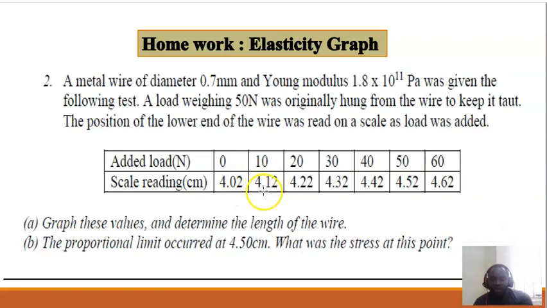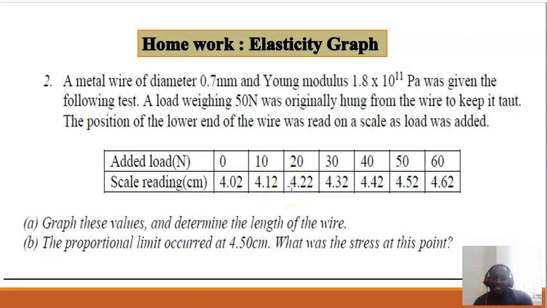So the extension here will be 4.12 minus 4.02. Likewise, if you have an added load of 20 Newton, it will cause an extension from 4.02 to 4.22. So the extension here will be 4.22 minus 4.02.